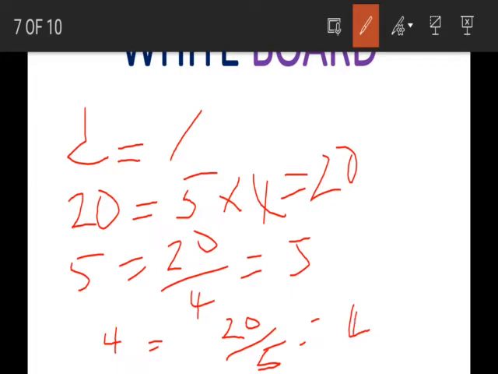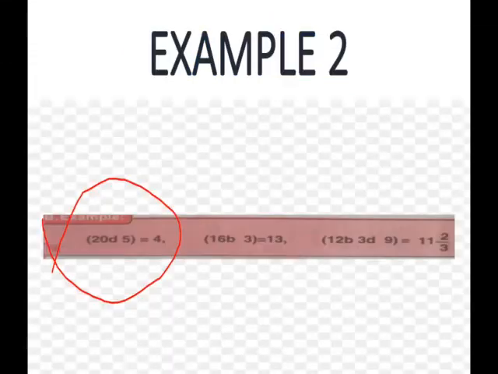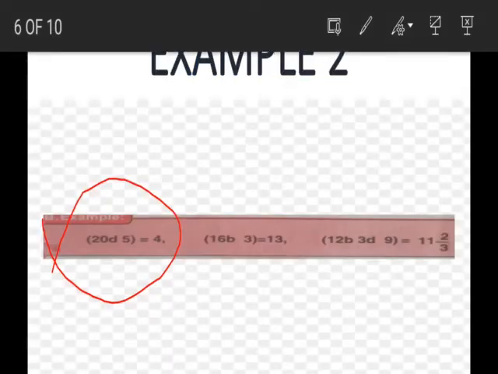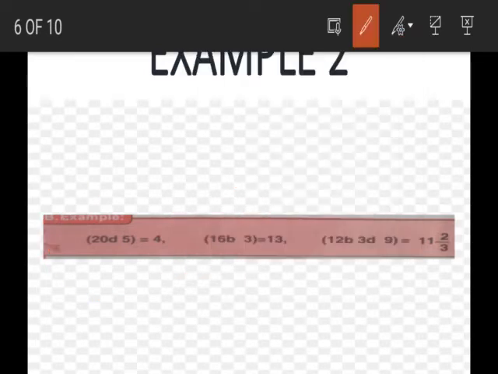Still on example 2 of exercise 9, let's look at the second sample together.